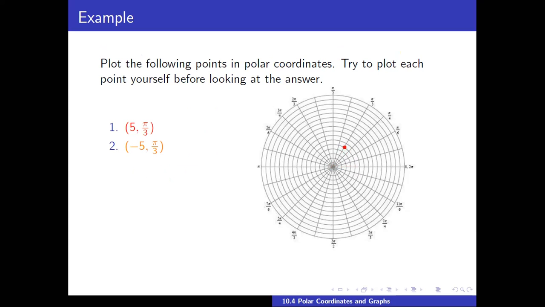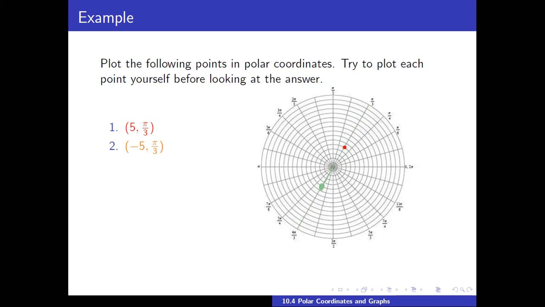If I think about this line that contains that point, instead of going out a distance of 5 in the positive direction of pi over 3, you actually are going to go backwards. 1, 2, 3, 4, 5 units and end up right there. So it's convenient to be able to go forwards and backwards, depending on whether the radius is positive or negative.